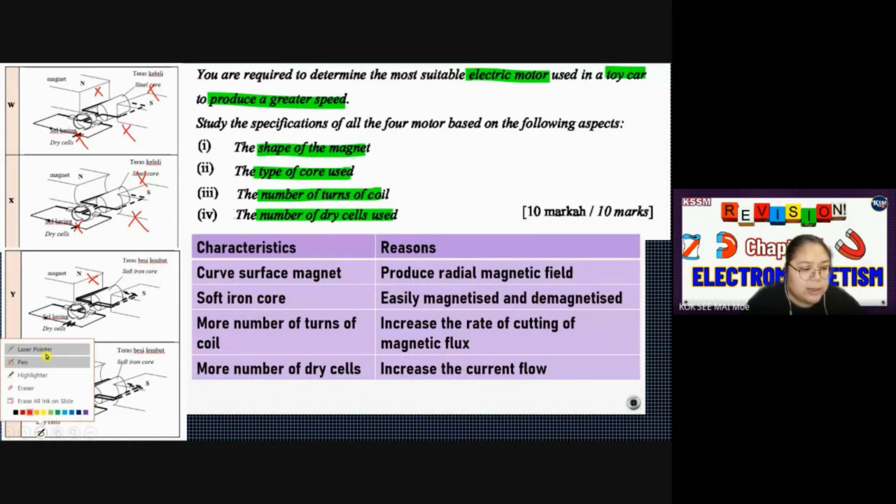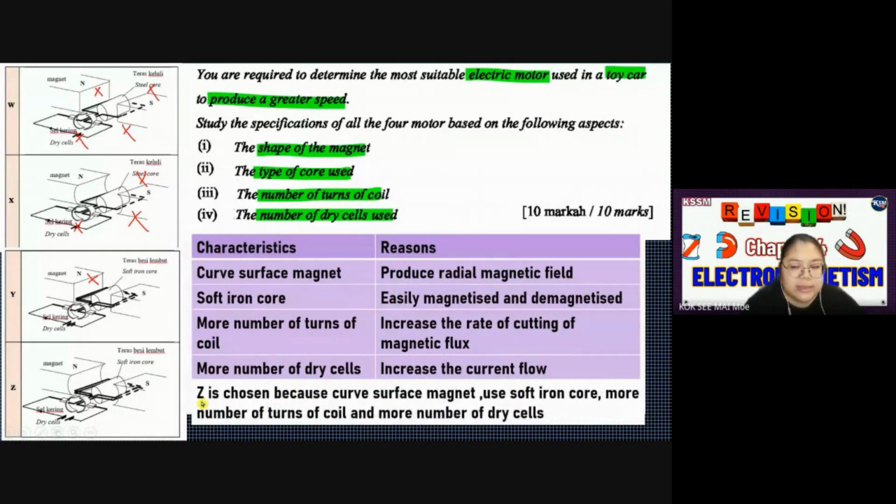After that, the last one, don't forget, you need to mention again what you choose. So Z is chosen. That is already 1 mark. Because curved surface magnet, repeat all the characteristics. Reasons no need to mention again, only characteristics. Use soft iron core, more number of turns of coil, and more number of dry cells.